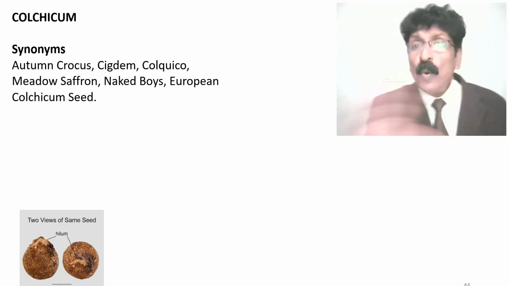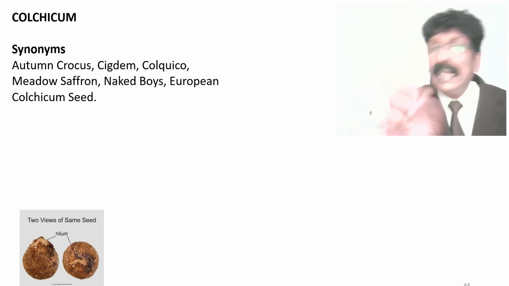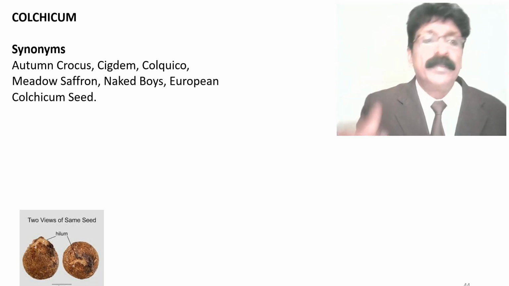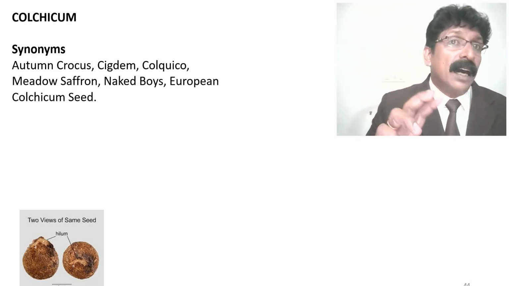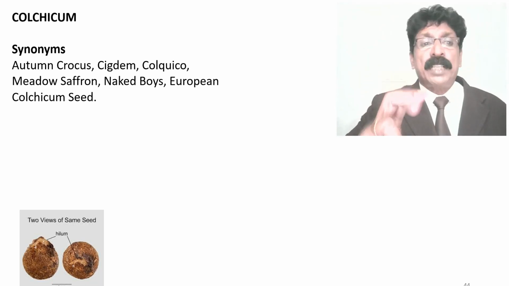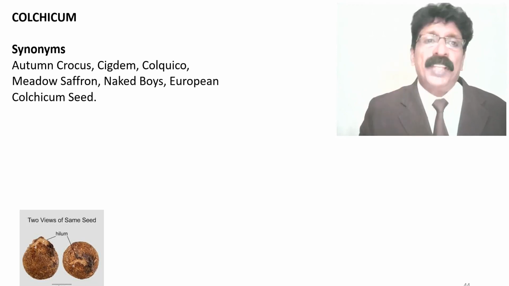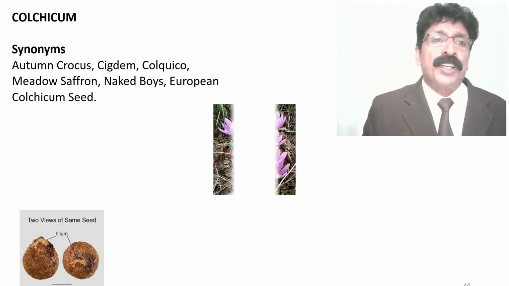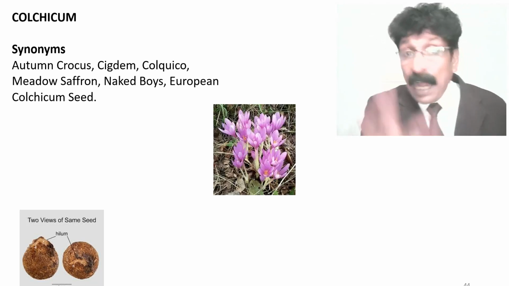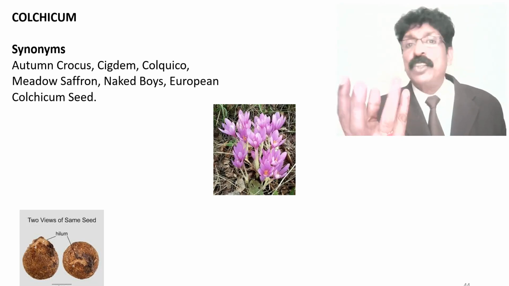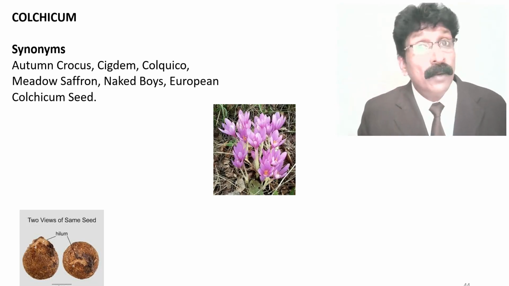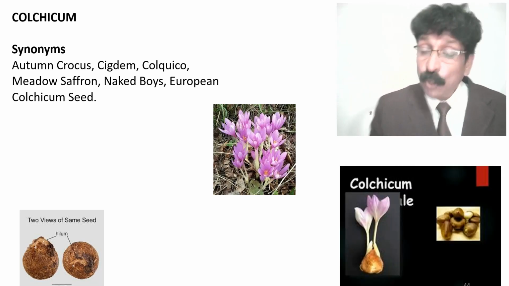Two views of the seed have been shown in the picture. You can see the horizontal position and the vertical position, the hilum, the sharpened place or the cone portion. This is the plant flower from the rhizome developed from the seed, as shown in the picture, colchicum.